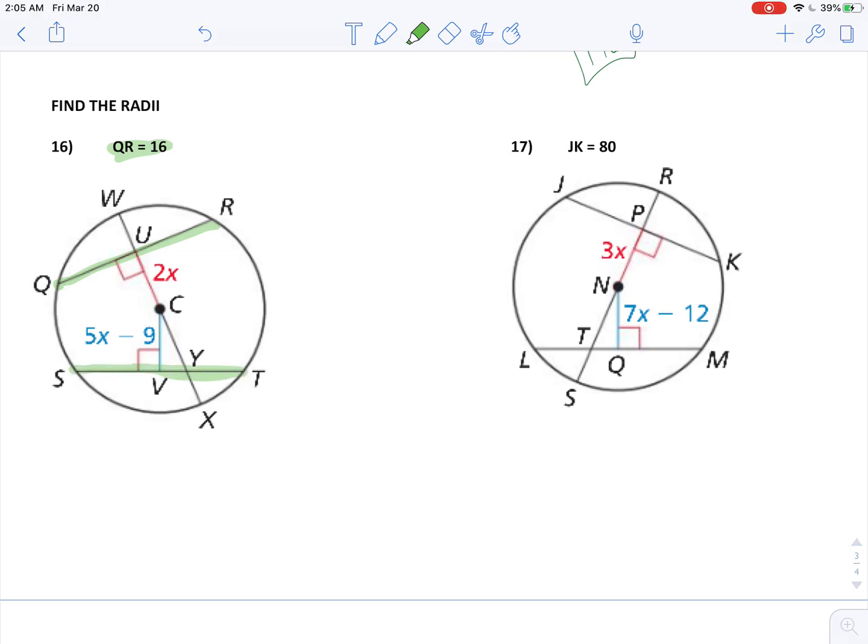So QR is 16, which means that ST must also be 16. And if they're congruent, then what do I know about their distances from the center? Well, those have got to be the same too. So 2x must be the same as 5x minus 9. Or negative 3x is negative 9. So x is 3.